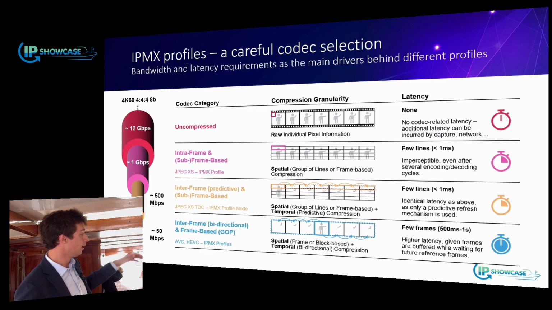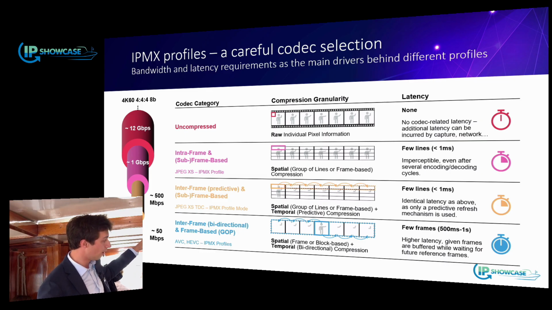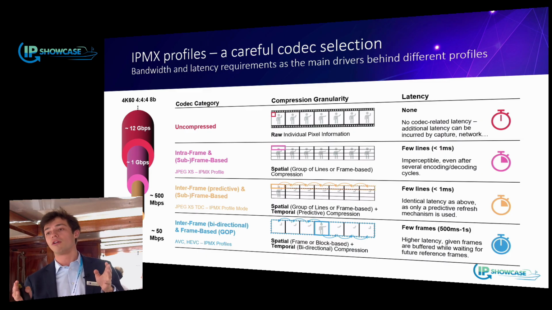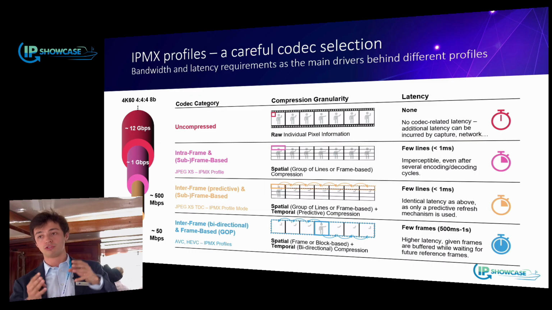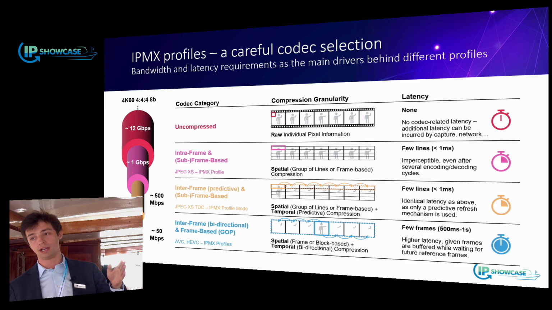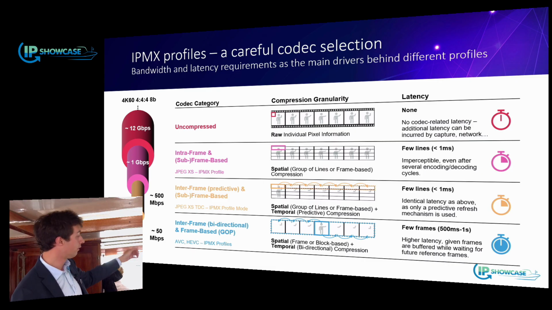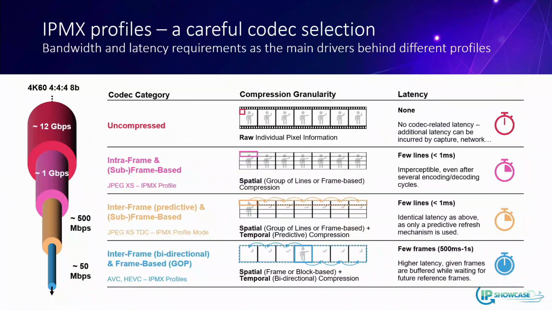And so that means that with these categories, the area of redundancy grows, and therefore you're able to compress more. But since the cutoff, let's say, comes later, you've added more latency. And so that's the trade-off you have. The more you compress, the higher the latency.